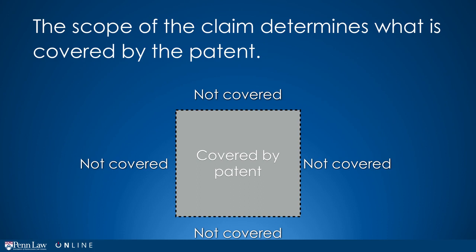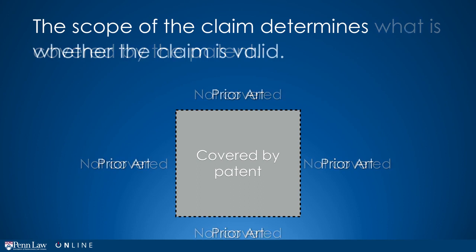That's how you determine whether or not you have the freedom to operate in the marketplace without infringing a patent. And so interpreting the patent claim, understanding where that dotted line boundary is, is incredibly important and fundamental to understanding the way that patents work.